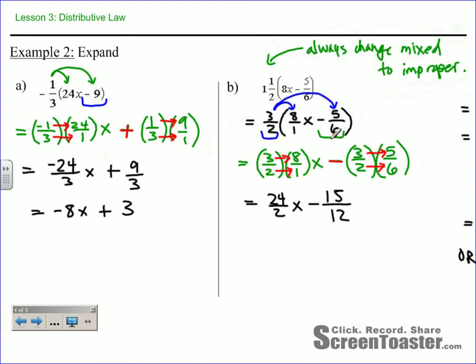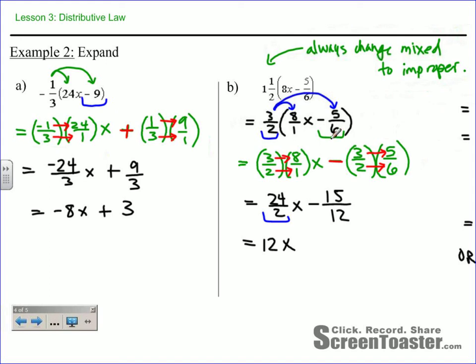Often at the end of these, you're going to have to do some reducing, and that's the case here as well. When you look at 24 divided by 2, that's evenly divisible, so you can just divide it out and get 12. If you did divide top and bottom by the same number, you'd get 12 over 1, which isn't wrong, but it's awkward to write it like that when you can just write 12. Then you're looking at 15 over 12.